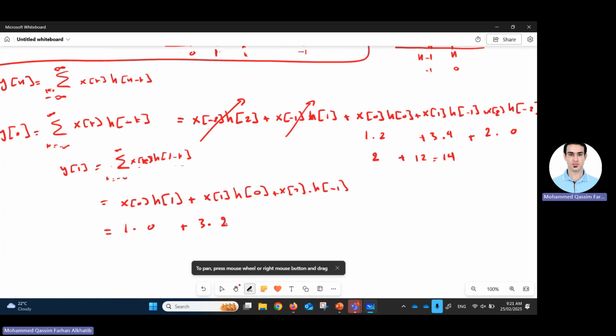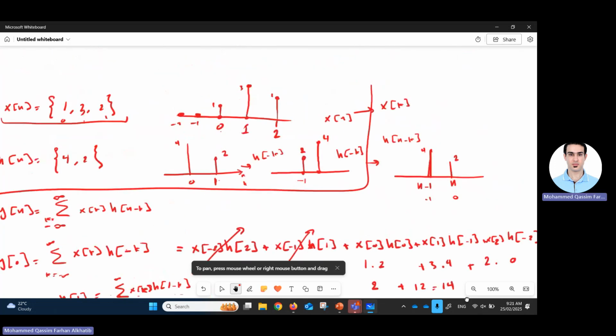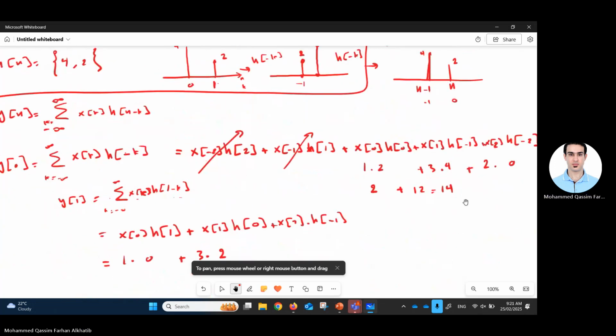It was 2 or 4. 2. 4. So this is 4. h of 0 is 4. Okay. Plus, what about x of 2? It was 2 times h of -1. Here, h of -1, that's 2. And it's going to equal 12 plus 4, that is 60.